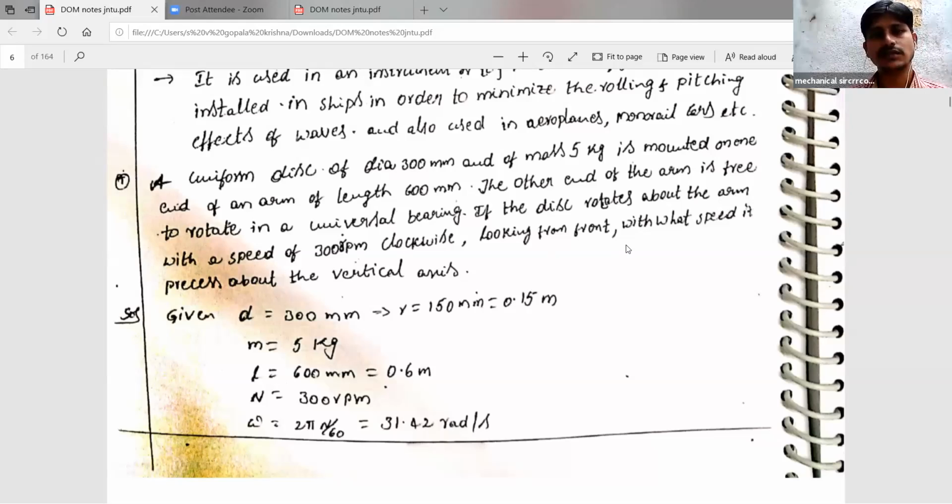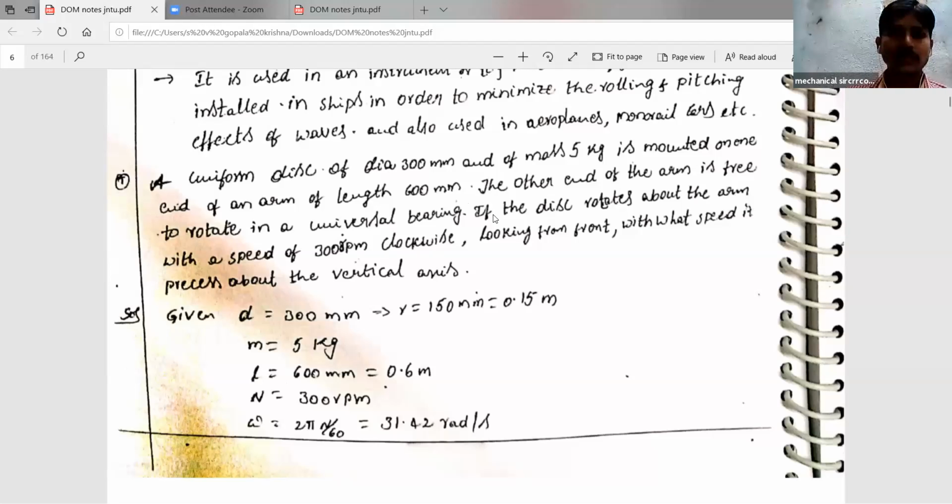The disc diameter is 300 mm and the disc mass is 5 kg, mounted at one end, and the length of the shaft is 600 mm. The other end of the arm is free to rotate in a universal bearing.